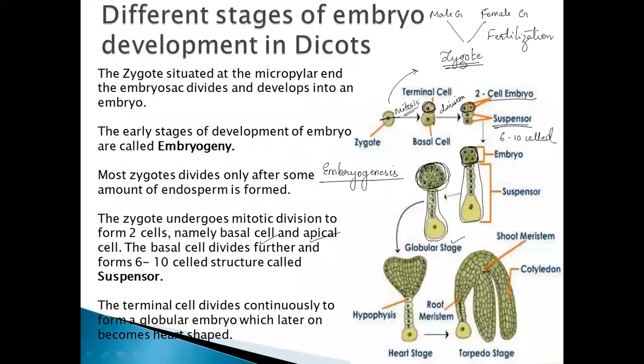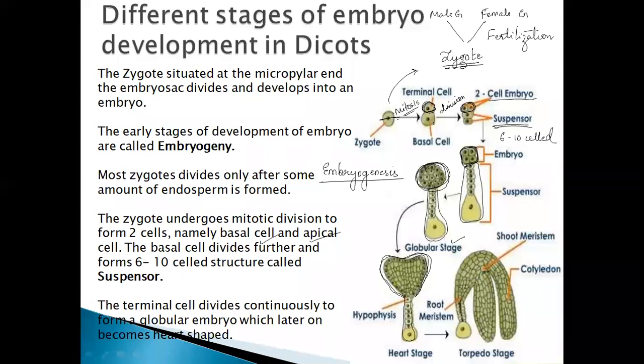From the globular structure, it further divides to form a heart-shaped embryo. Can you see here? It is a kind of heart shape, and this is the suspensor.